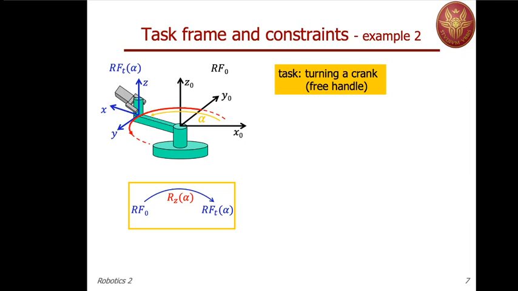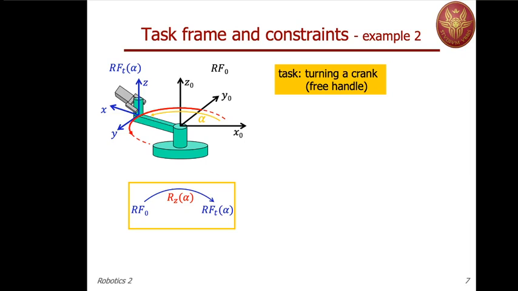So in particular, we consider the case of a free handle. So the handle can rotate around the blue z-axis as written here. Now, I've put a reference frame. It could be at the base of the robot or just at the center of the crank. It's not really important here.